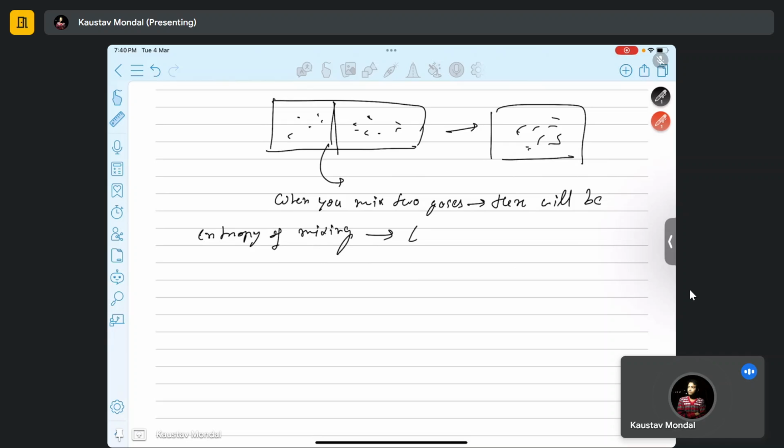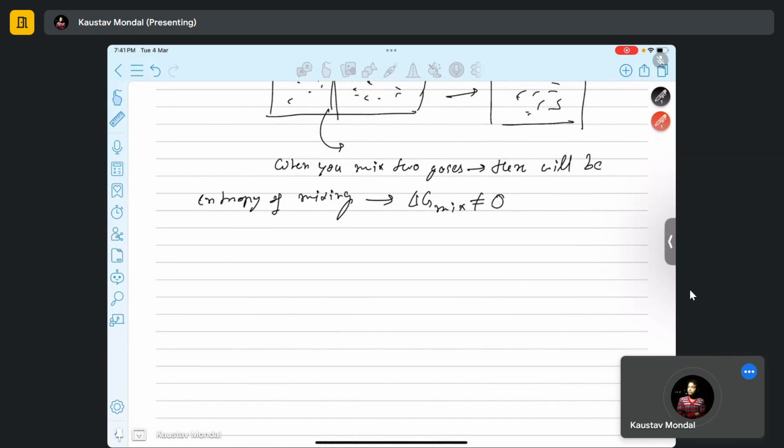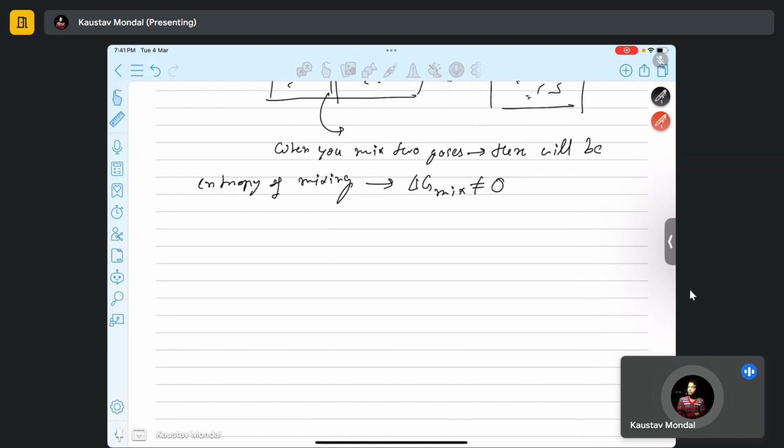So delta G mix would simply not equal zero, okay. So this is question number 4 done. Now we move to question number 5.